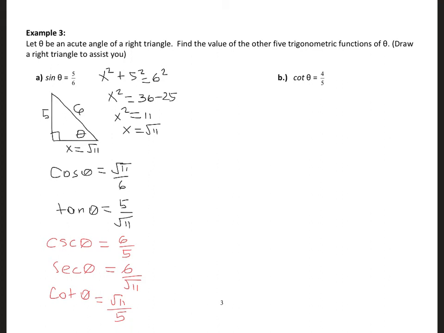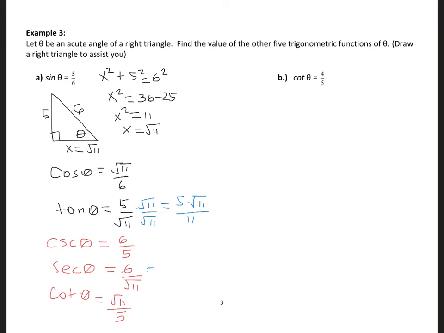Here, let me show you how you would leave this in rationalized form. For this one, you multiply by square root of 11 over square root of 11. So we get 5 square root of 11 over 11.